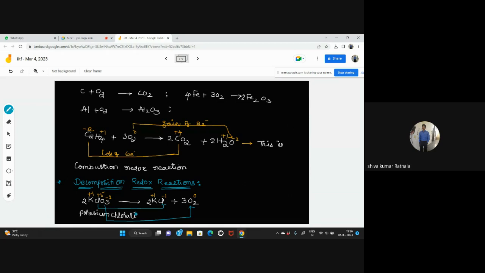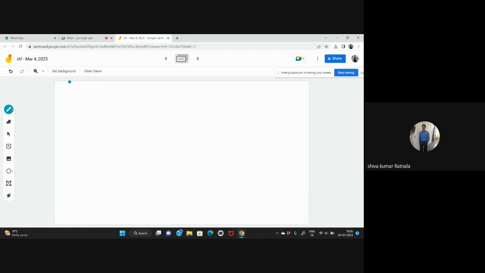Plus 5 to minus 1 means gain or loss? Plus 5 to minus 1, so gain. And the other is loss. So a loss of electrons and a gain of electrons is taking place, and it is a redox reaction and decomposition too. Okay.